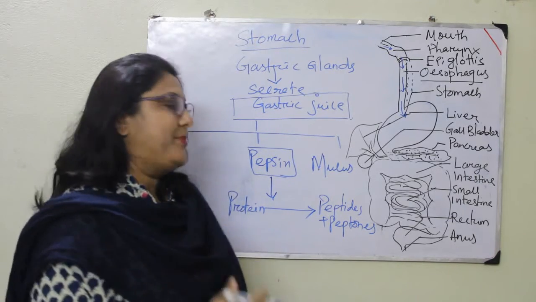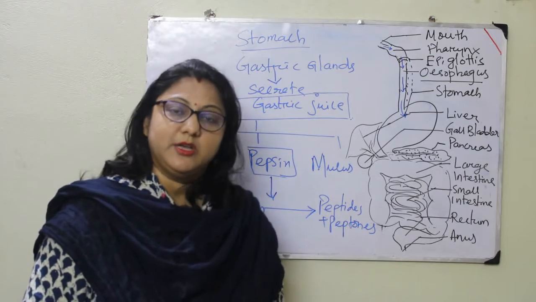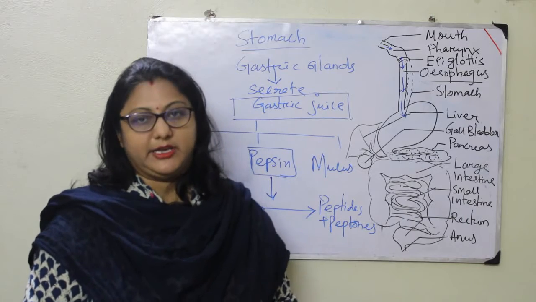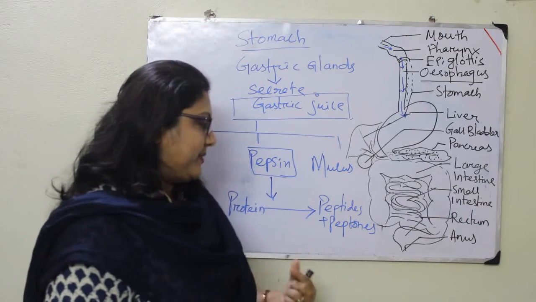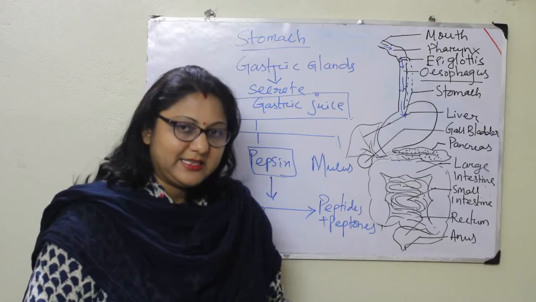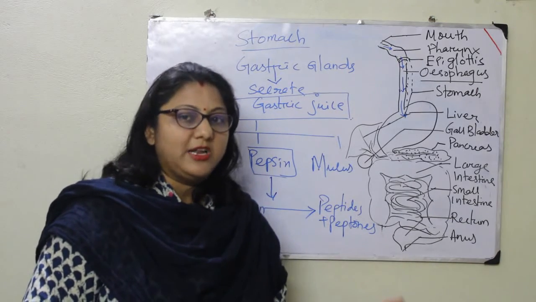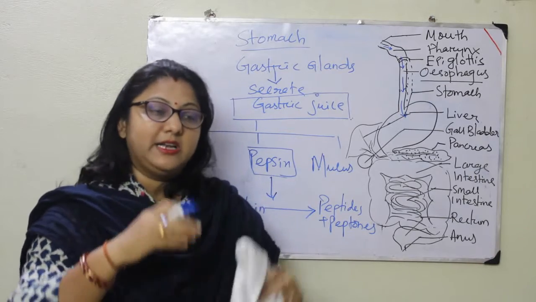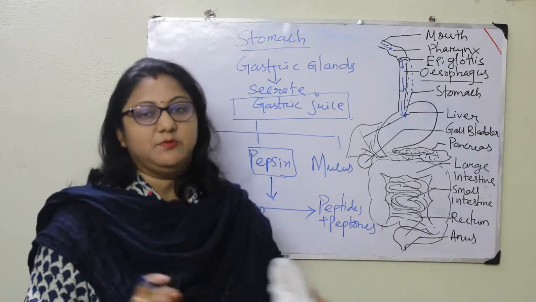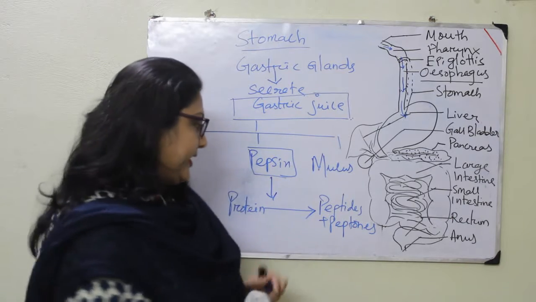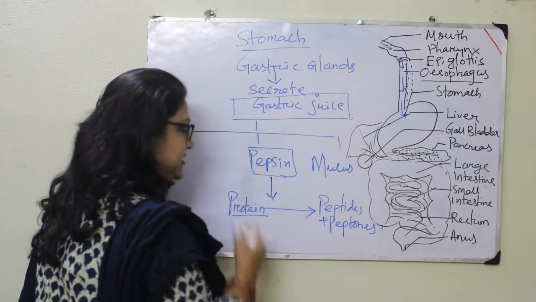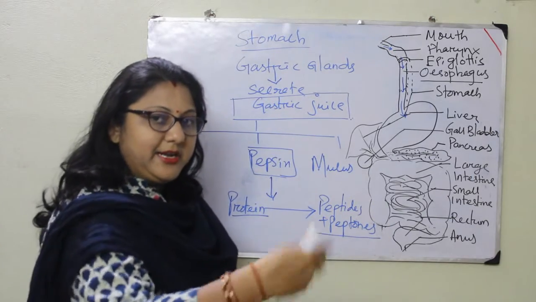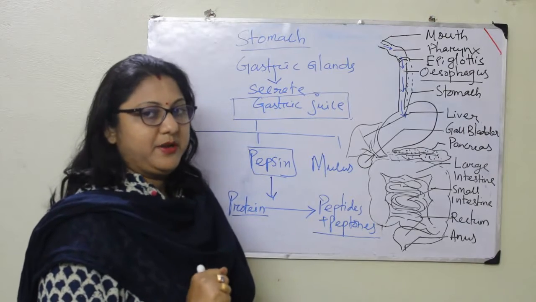So that is what happens in the digestive system also. A very large protein cannot immediately be converted into a simple molecule, right? So large will become a little less large, then smaller, even smaller, and finally the smallest particle gets converted into the simplest molecule. Clear? So this is how the larger protein molecule becomes a little simpler molecule, peptides and peptones. Immediately it cannot get converted into simpler molecules.